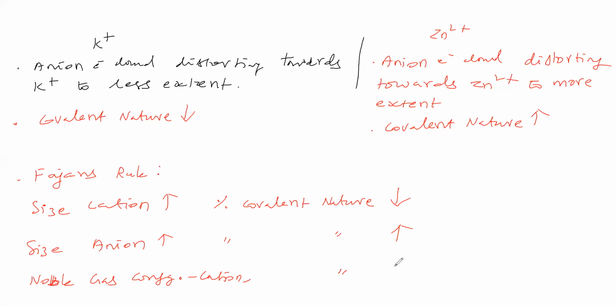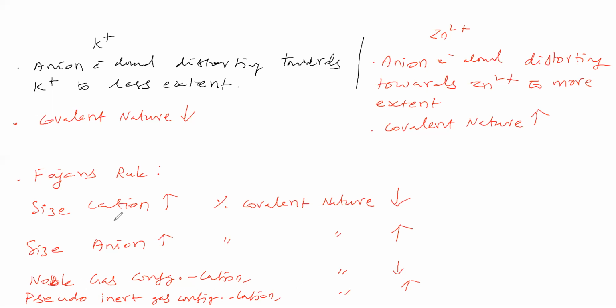If cation is having noble gas configuration, then in those compounds percentage of covalent nature will be less. If cation is having pseudo inert gas configuration, then percentage of covalent nature will be high. This is about Fajans rule.